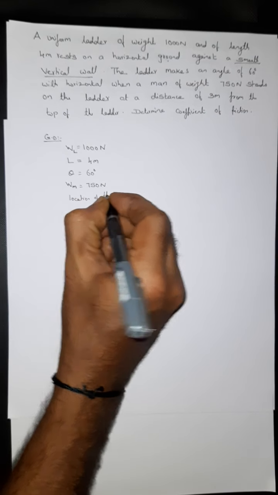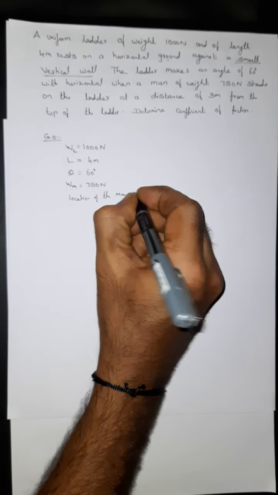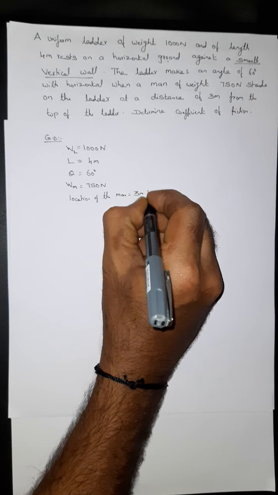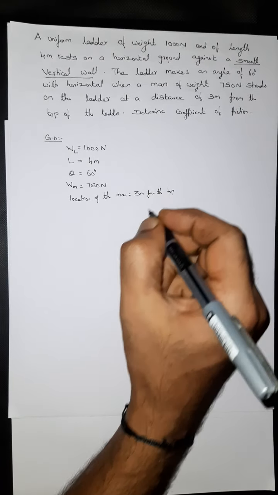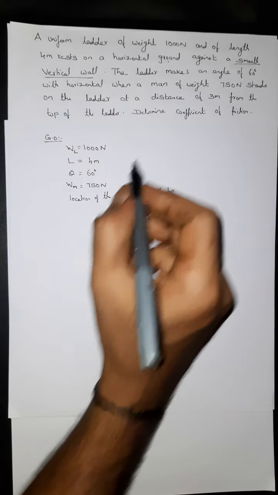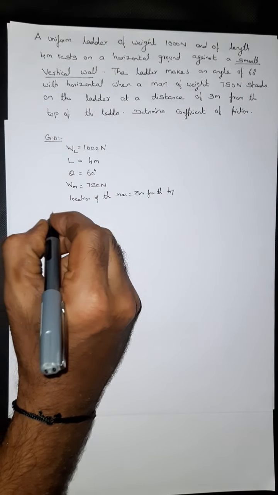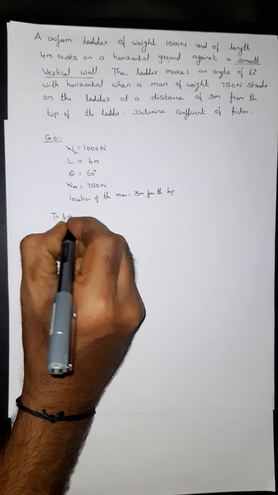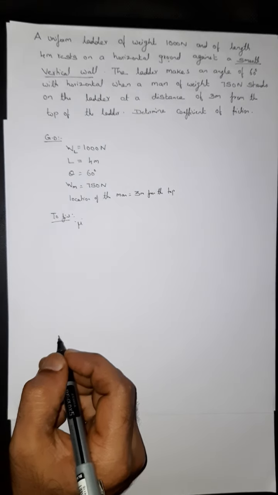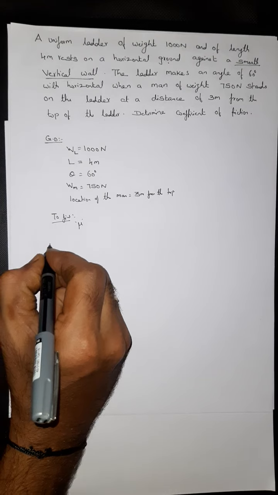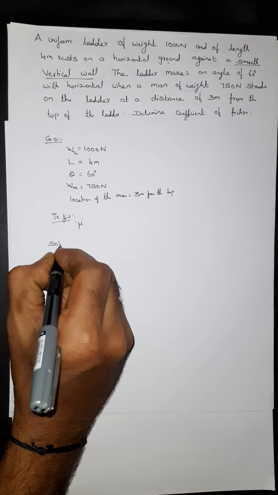Location of the man equal to 3 meter from the top of the ladder. Determine the coefficient of friction to find, coefficient of friction, which is nothing but mu. Solution.